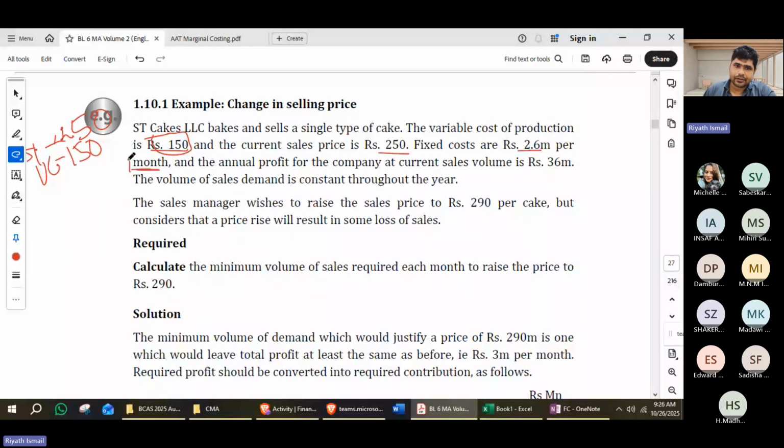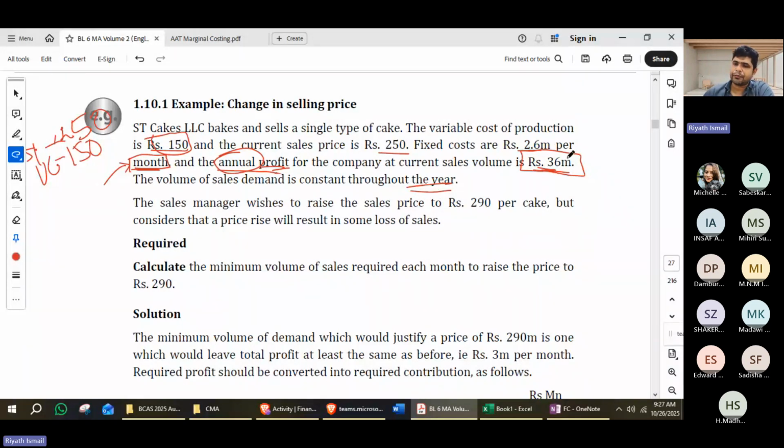It is month, not annual. And the annual profit for the company at the current sales volume is 36 million. The volume of sales demand is constant throughout the year. This is the basic data.